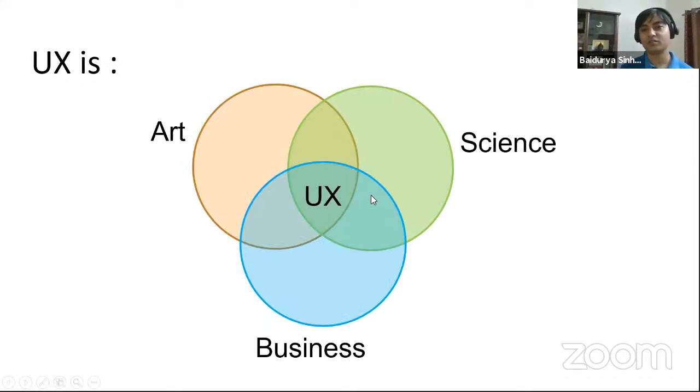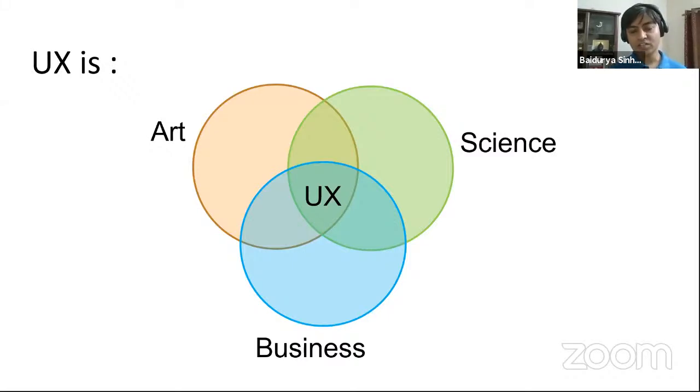Yes, it is a combination of all three, and the folks who said it are very correct. Design can be an art, right? You build an artifact or some clay model or some other kind of design, which is an art. But it is not necessary that that art has to sell. There might not be any business value attached to it. But if you are building any user experience, at the end of the day, you are solving users' problems and trying to also create business value.